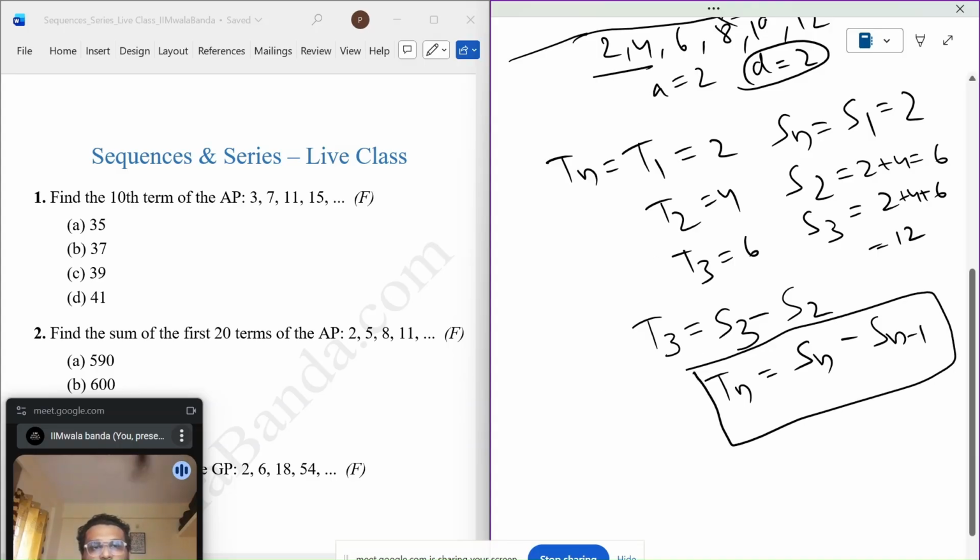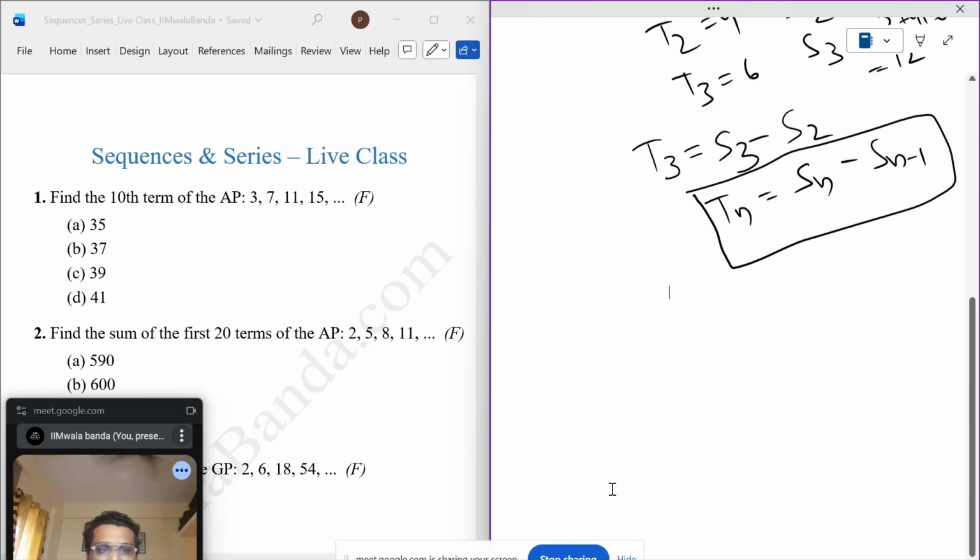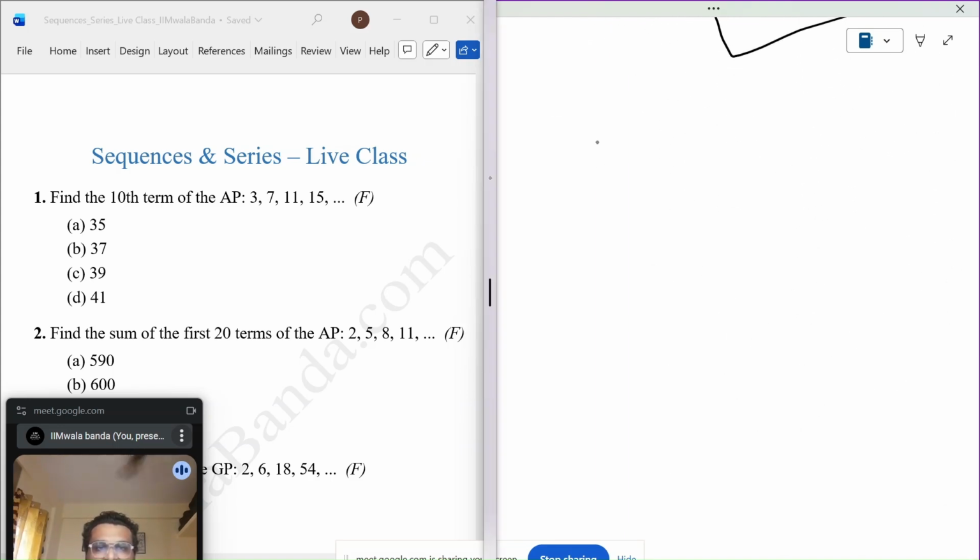And now about the AP. In general, can we say that an AP will be: first term is a, then some common difference will be added, and then again it will get added, then again it will get added. So this is how the series will look. So an is basically what I was assuming as Tn.